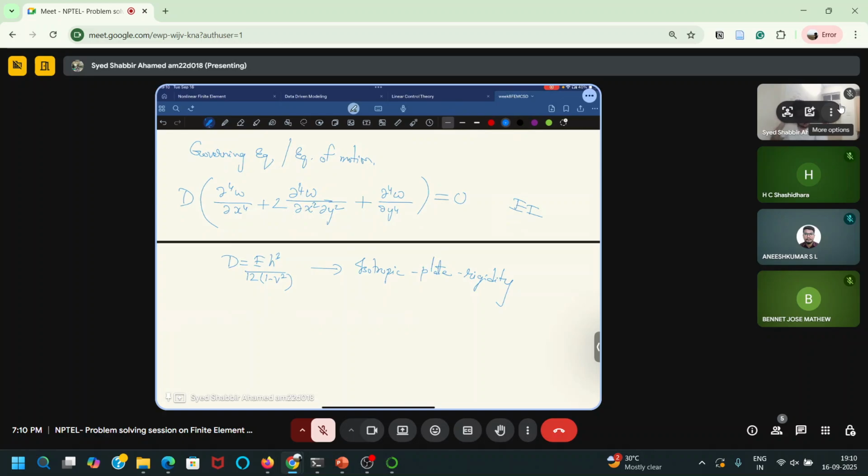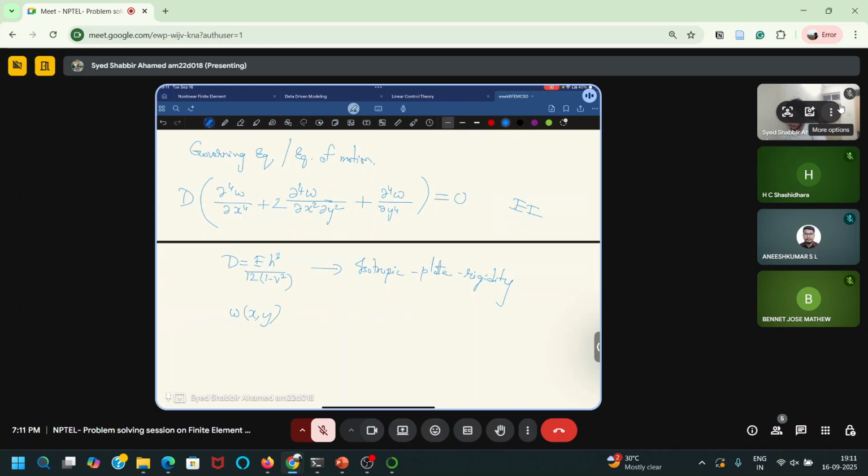We have seen this for a bar and a beam, and we have also seen it for 2D elements. So now we are going further into plates. Obviously in finite element, we will assume some kind of displacement. So W of xy is something which I will assume. If I assume W, obviously this is not equal to the real solution.